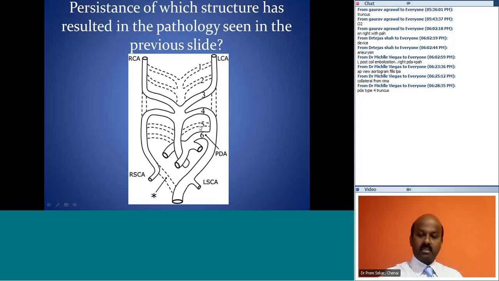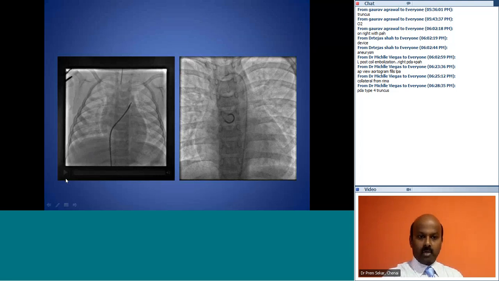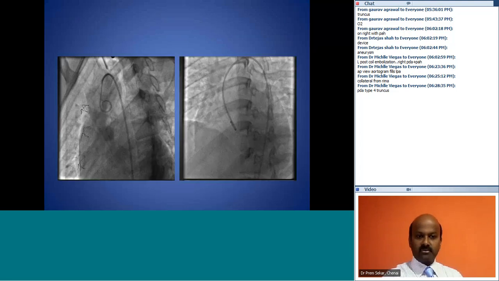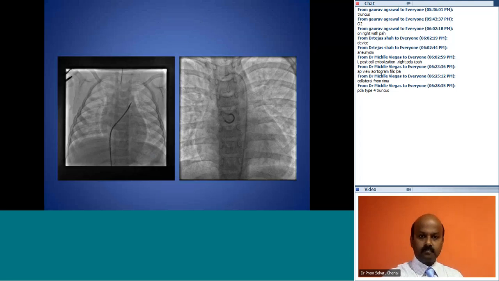So this is an important differential diagnosis of persistent fifth aortic arch with systemic to pulmonary connection, which you should always have in mind as a differential diagnosis for PDA. The last couple of slides, some of the other differential diagnoses for PDA would be arteriovenous malformations.